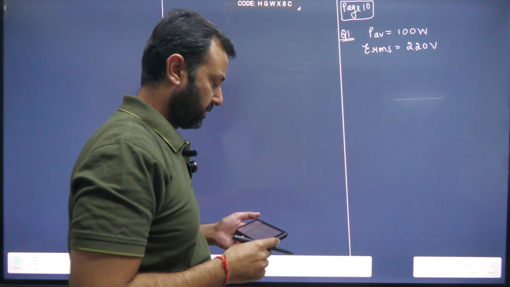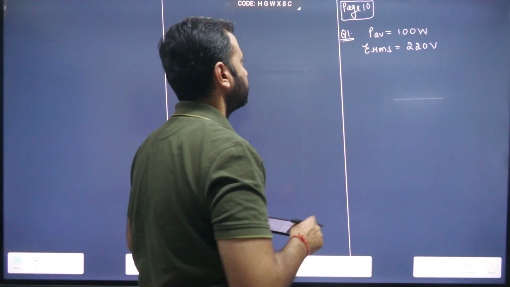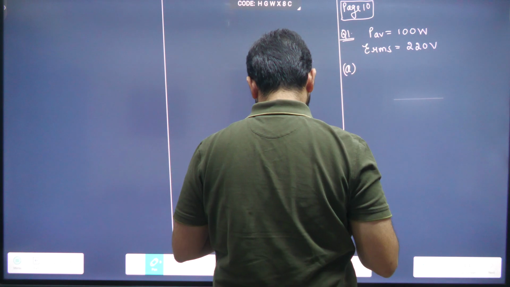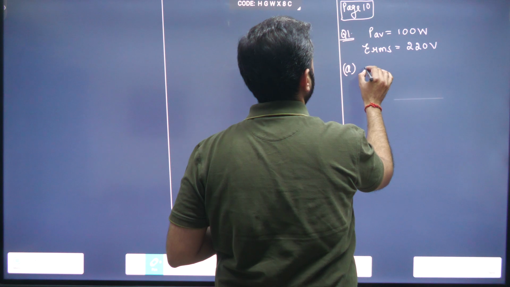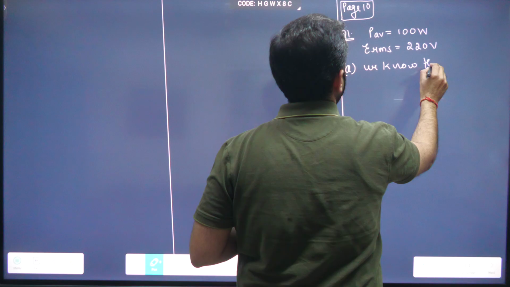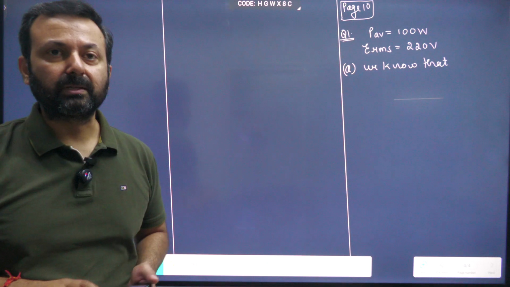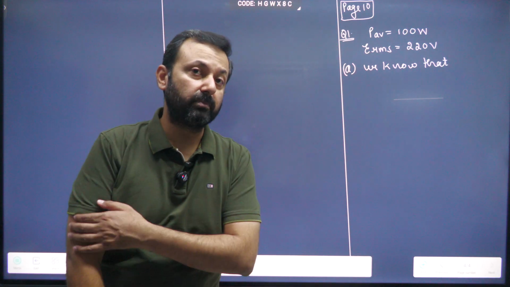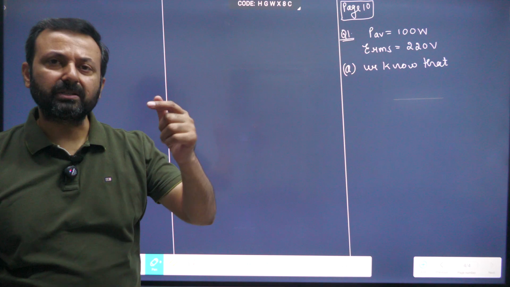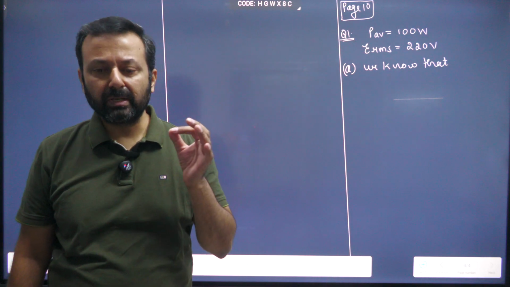Find the resistance of the bulb. First of all, they are asking about the resistance of the bulb. We know that a bulb has only a small tungsten filament, a small little wire, and that is only a resistance.